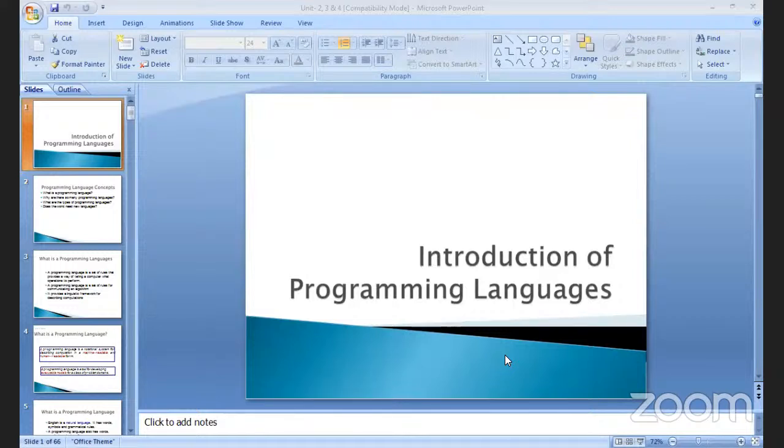What about system software? Software systems help to run the computer. The computer has hardware.